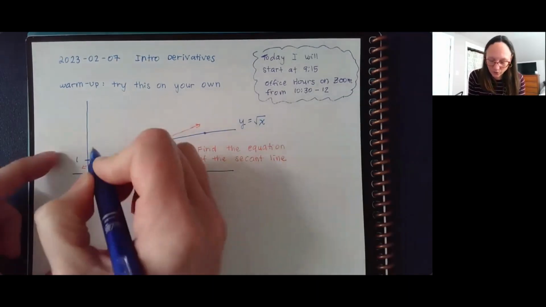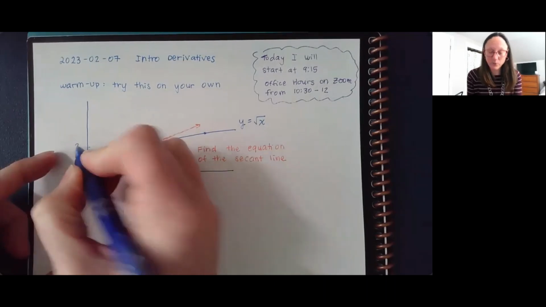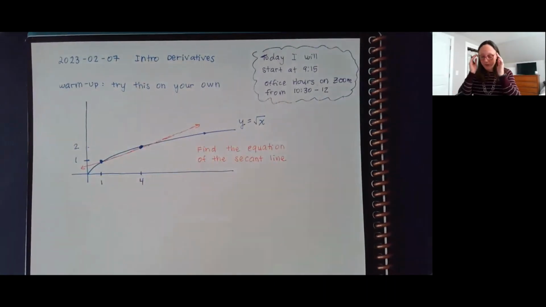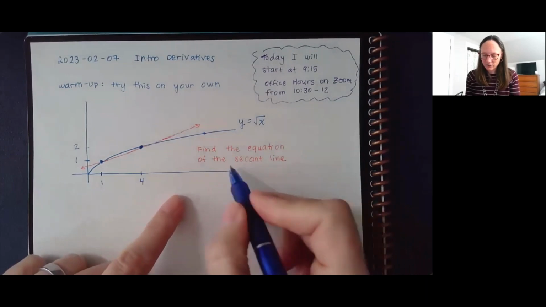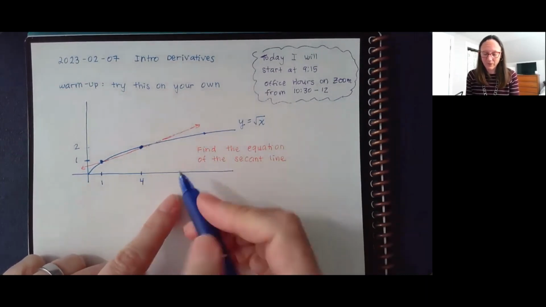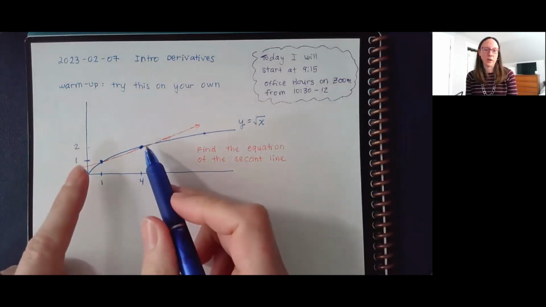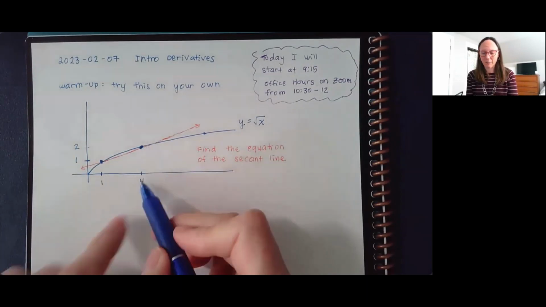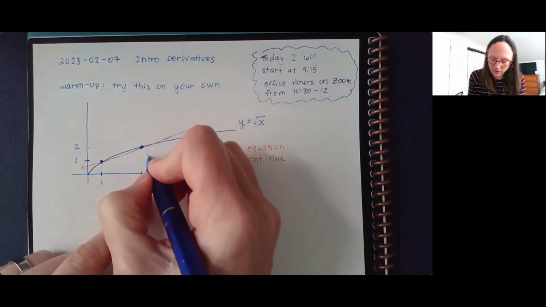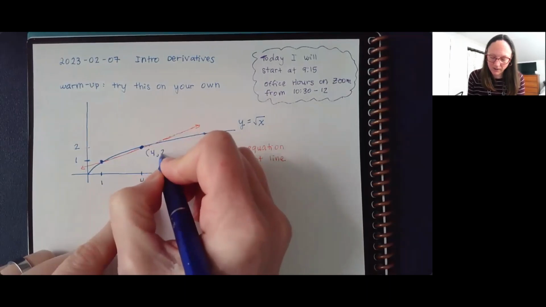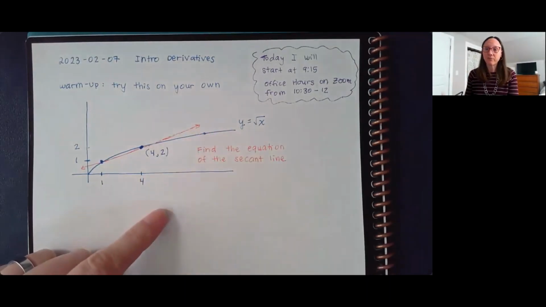The square root of 4 is 2, and that puts me at a y value of 2 over there. That means that in terms of the equation of a secant line, I really could use either of these points. It doesn't matter which one, I'm going to go ahead and choose to use (4, 2) as my point.